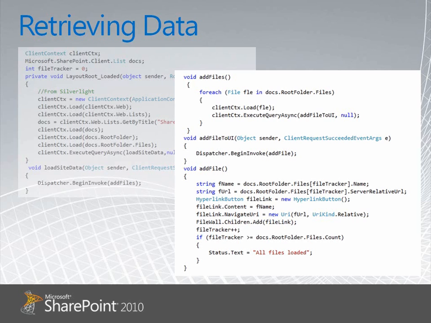So we will build a hyperlink button called FileLink, and we will set its contents equal to the name of the file, and we will set its navigate URI to the server relative URL of the file. We will add those up to our stack panel, and the reason we use our integer value for file tracker is that we can use it to determine whether we've rendered all files.